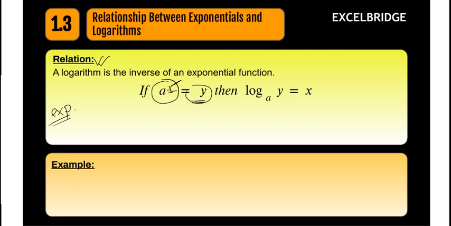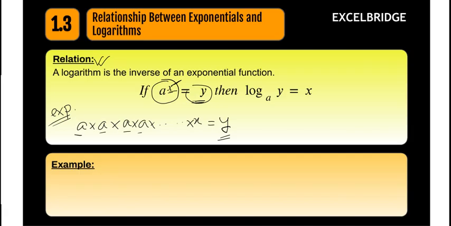When you raise a base to a power, that means you have multiplied a with a with a with a, for x times. So if you have multiplied the number a with the same number a for x times, and you got the value y as a result, then y is the value of the exponential and x is the exponent here. Okay, I think the fundamentals are clear now.